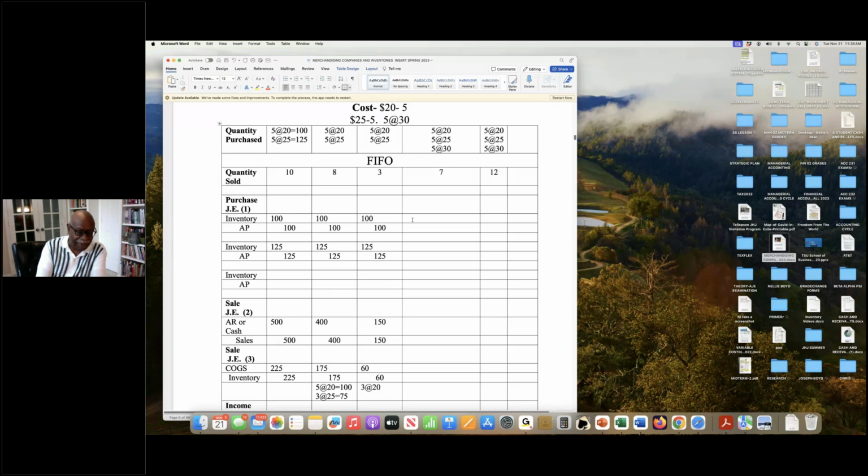We're going to buy 5 at 20, so that's 100. Then we're going to buy 5 at 25, so that's 125. Then we're going to buy what? 5 at 30, that's 150.